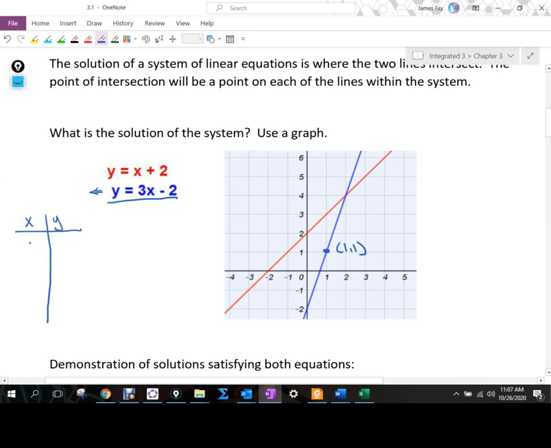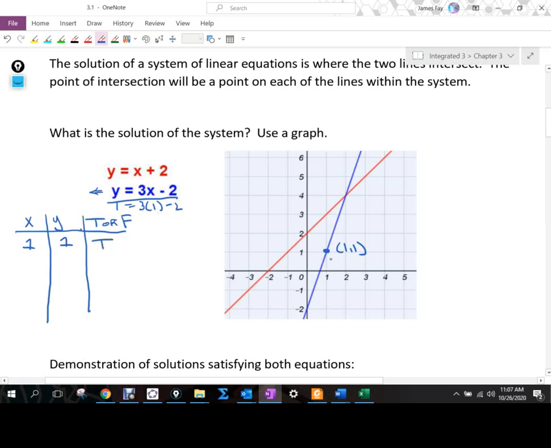If I plug 1, 1 in for this blue equation, does that give me a true or false statement? I get 1 equals 3 times 1 minus 2. What's 3 times 1? 3, minus 2 is 1. Is 1 equal to 1? So it gives me a true statement.